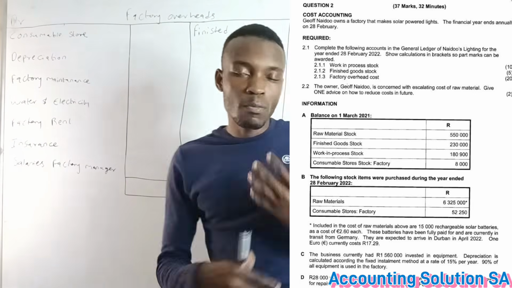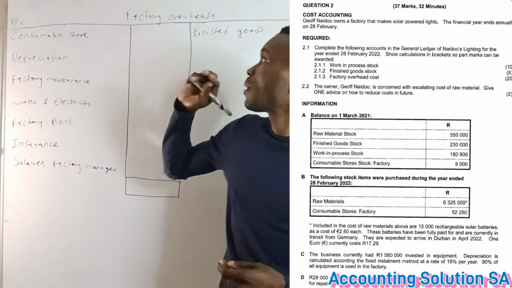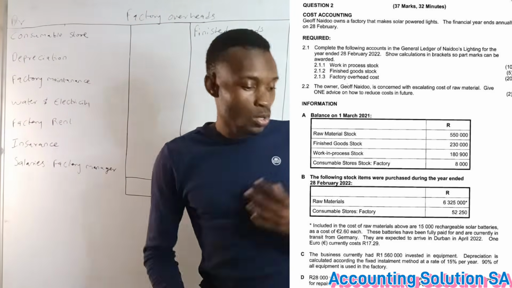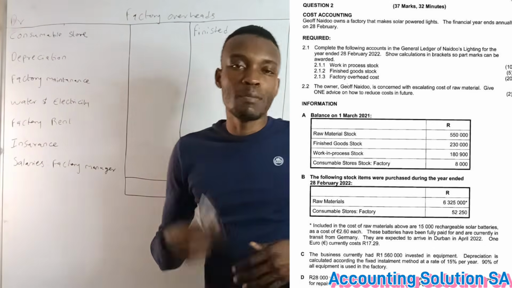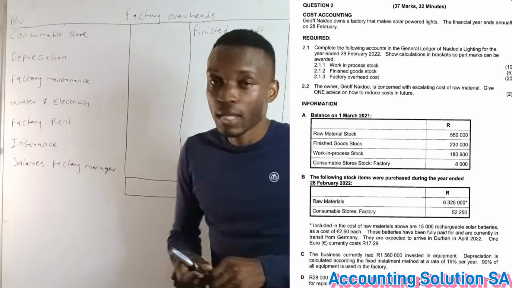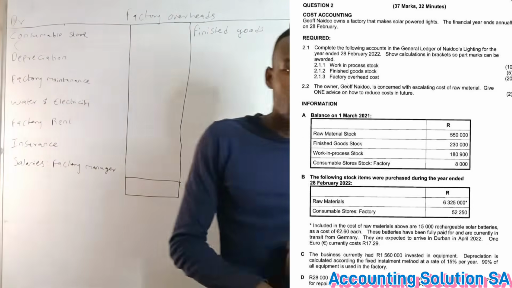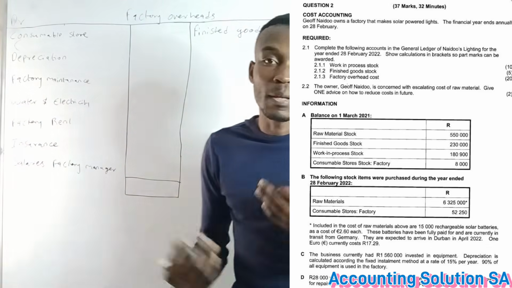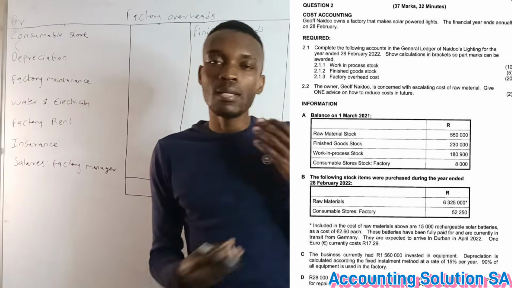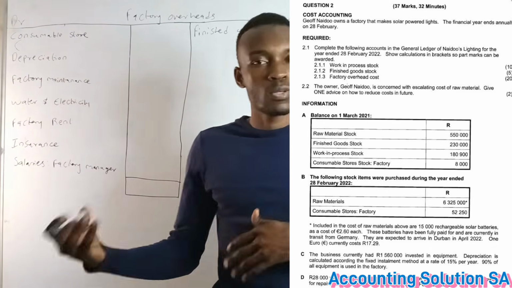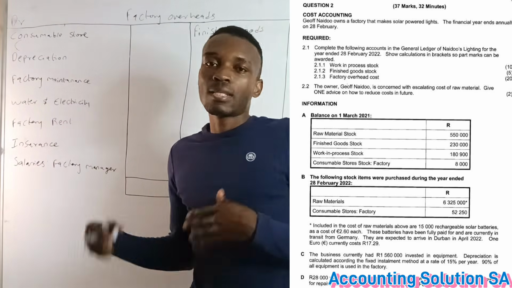But consumable store, we know that it is an indirect cost, which means that it's going to form part of factory overhead. Okay, the one that we are reading on this table is consumable store that has been purchased during the year. So in this case we have to open a bracket. All right, so before you record the one that has been purchased, you must check the opening balance and closing balance. For opening balance you must add, and closing balance you have to subtract.